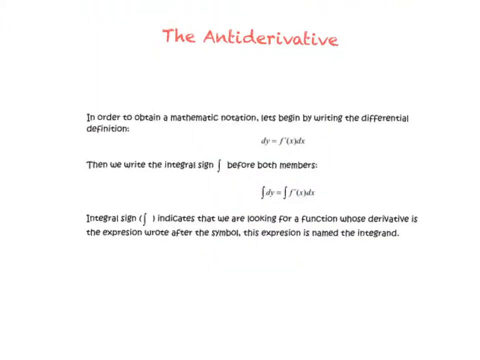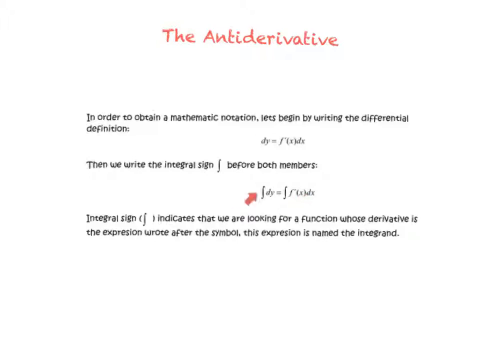Now we're going to talk about the mathematical notation. Let's begin by writing the differential definition: differential of y equals f prime of x times differential of x. Then we write the integral sign before both members, which means we're doing the same operation on both sides of the equation.